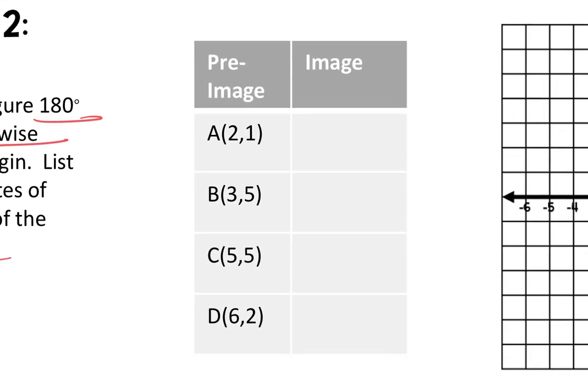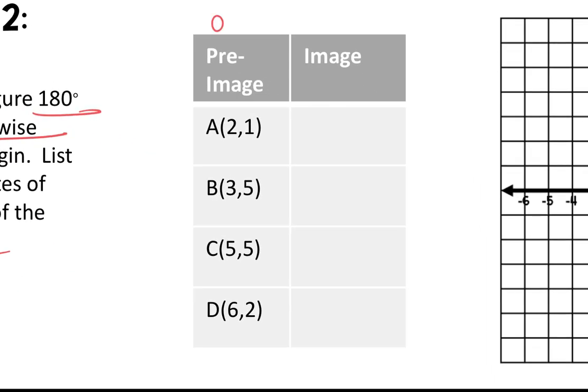All right, let's look at our table here. So, old points, these are my new points. Underneath the word image, I'm going to write negative x, comma, negative y, so it can help me once I'm applying my rule. Okay, so I need my A prime for this one.